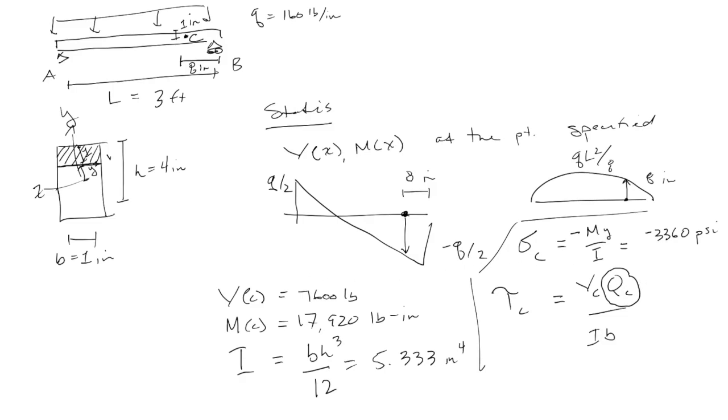And you can compute Q C as the area above point C times the distance y to the centroid of this area here. So we plug everything in, and we get 450 psi.